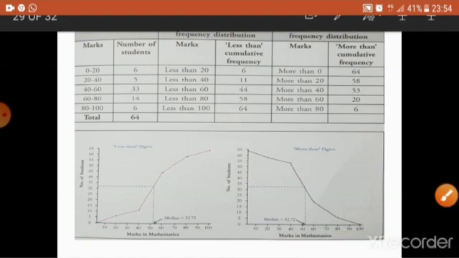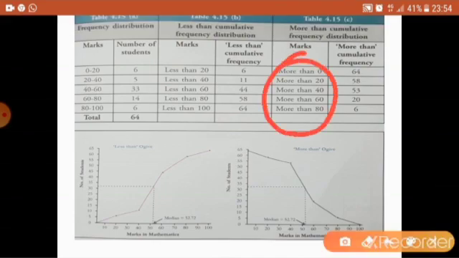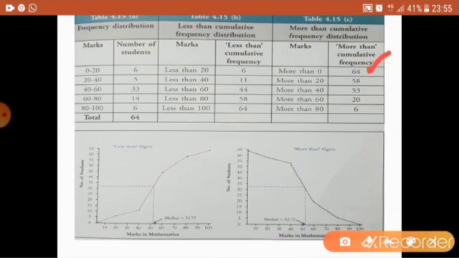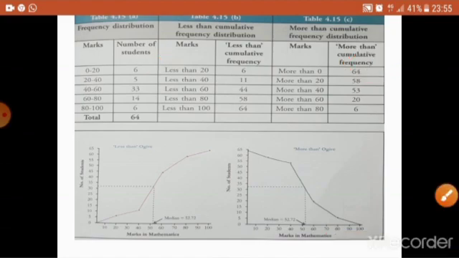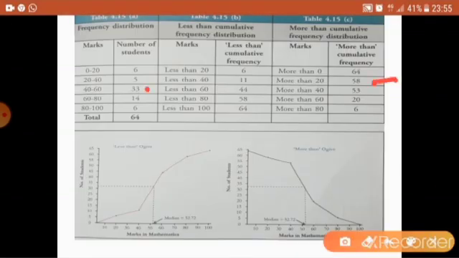But in the case of the more than frequency curve, we denote the classes as more than 0, more than 20, more than 40, more than 60 and more than 80. Here we take the highest total given in the question, so the total we got is 64. From the 64 we subtract 6 and get 58. From the 58 if you subtract 5 we get 53.